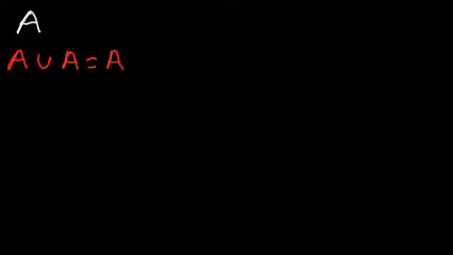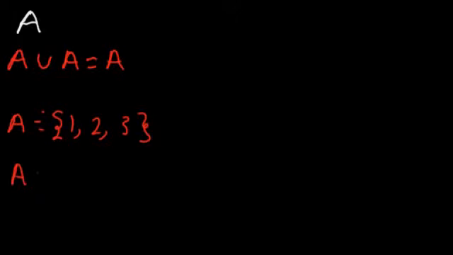So now we won't just be writing this law, but we are going to be looking into whether or not it is true. Now let's say A is a set and it includes elements 1, 2, 3. Now A union A, will it be equal to A or not?